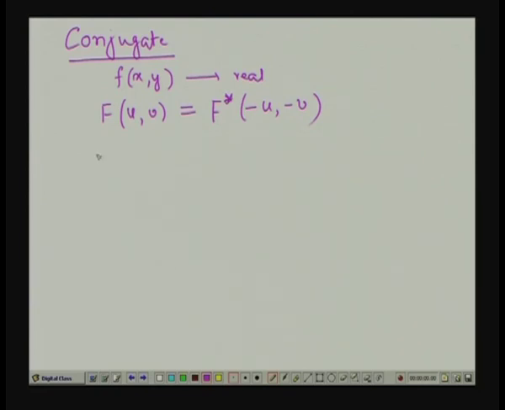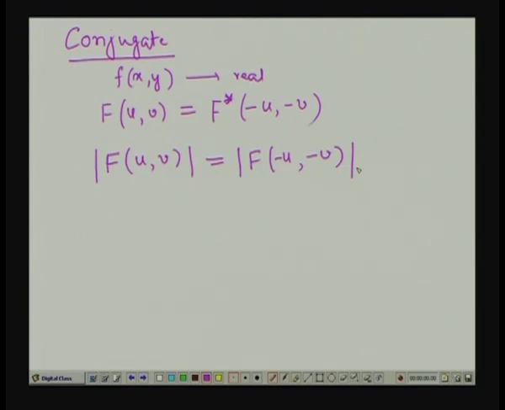Obviously because of this, if I take the Fourier spectrum, |F(u,v)| will be the same as |F(minus u, minus v)|. So, this is what is known as the conjugate property of the discrete Fourier transformation.